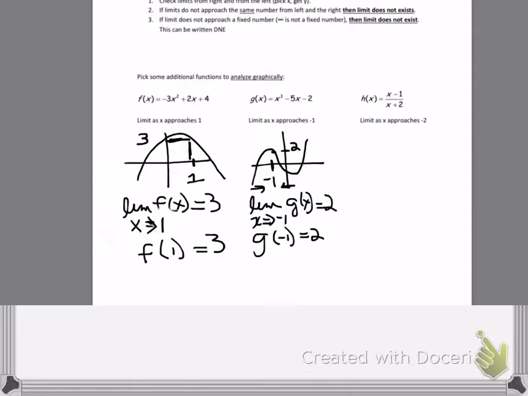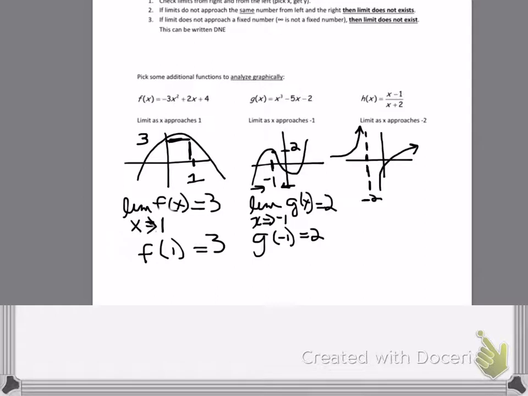Now the next one's going to be different. You should recognize h of x as being a rational function, and rational functions have asymptotes many, many times. I can see from my rules of asymptotes that I have an asymptote at x equals negative 2. That's my asymptote. My function looks like this, and then the second piece is this.